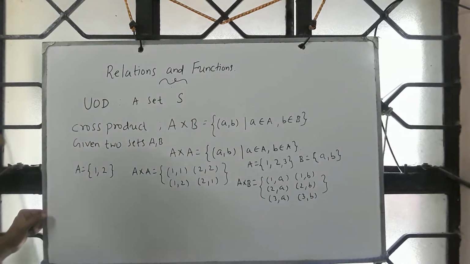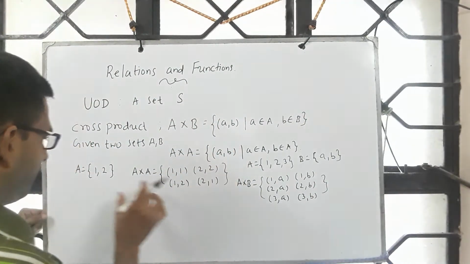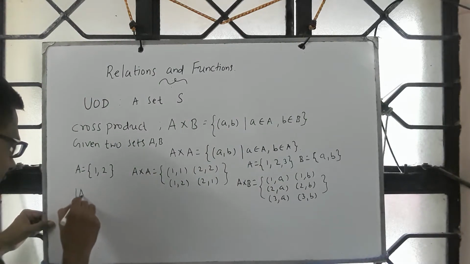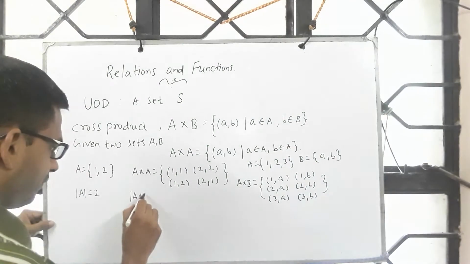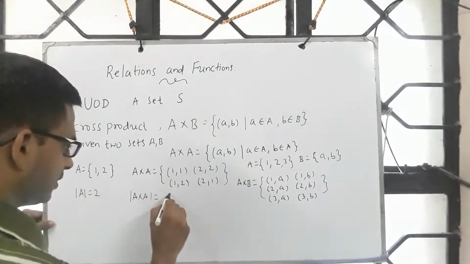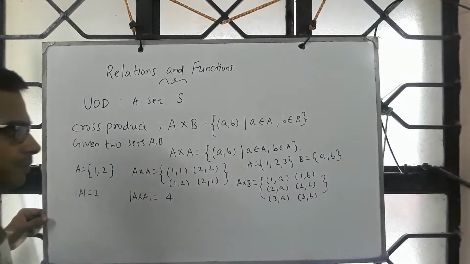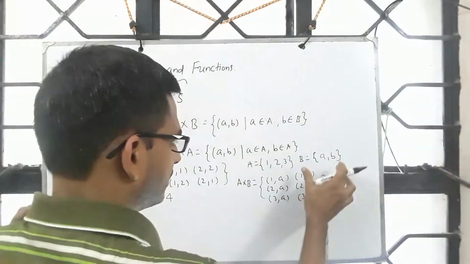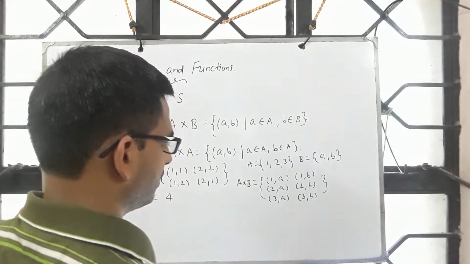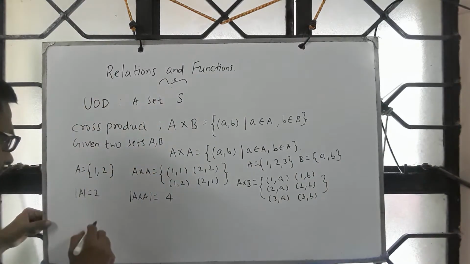As you can see, if cardinality of A is 2, then cardinality of A cross A is 2 into 2, which is 4. And in this case, this one is 3 and this one is 2, so cardinality of this one is 6.